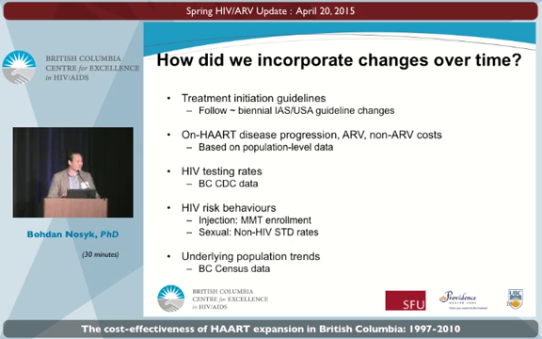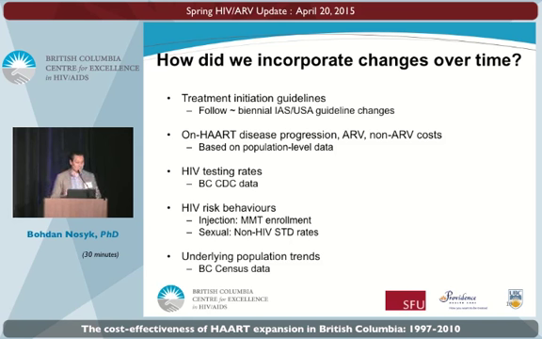HIV testing rates we have very good information on from the CDC, and that was also incorporated. HIV risk behaviors are of course a little more difficult to estimate. However, we used proxies: methadone maintenance treatment initiation for the probability of shared injection, and non-HIV STD rates as a proxy for changes in sexual risk behavior.